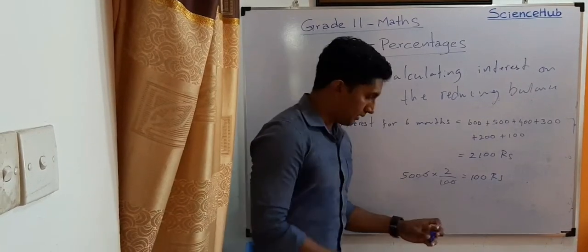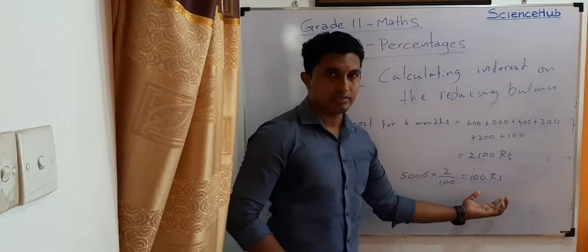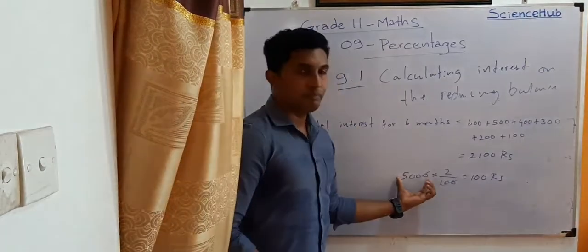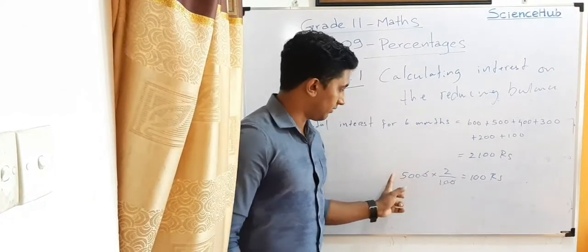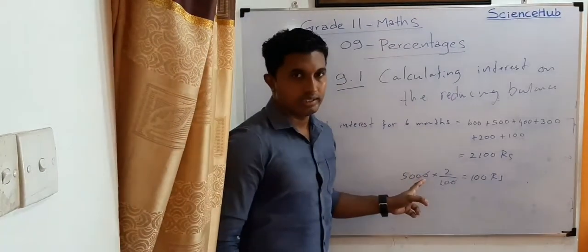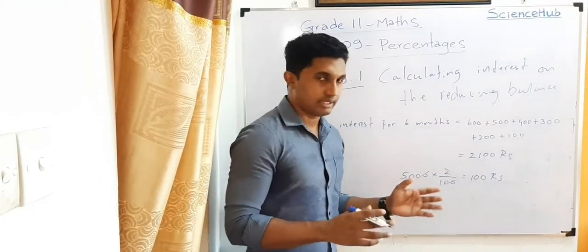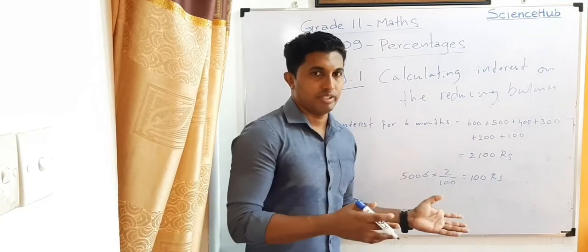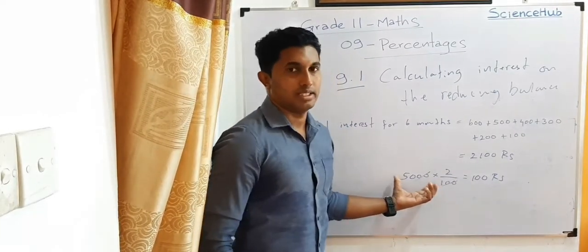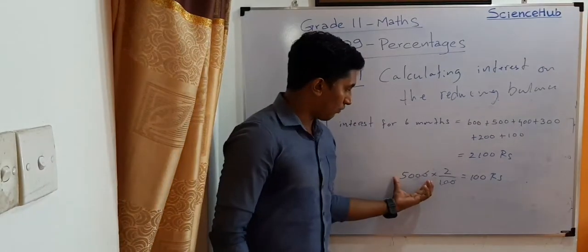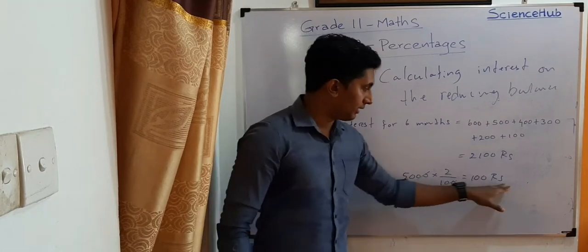This 100 rupees is the interest for one portion of installment without interest. The 5,000 is one portion of the capital, because the capital is 30,000, and when we divide it by 6 we get 5,000 without interest. The interest value for that portion is 100 rupees.